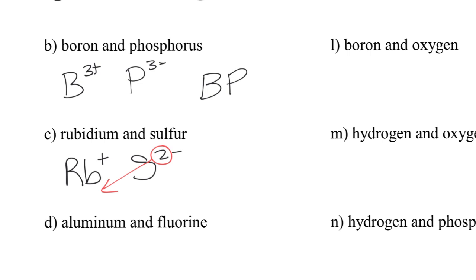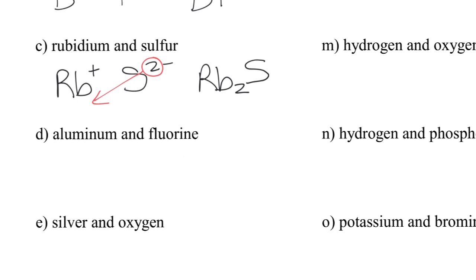Okay, the 1 is assumed when we write the ion down. We wouldn't have written a plus down if there wasn't at least 1, right? Okay, so on this one, the rubidium gets the 2. So the 2 from the sulfur got crisscrossed down to the rubidium, but nothing goes with the sulfur. So you have Rb2S.